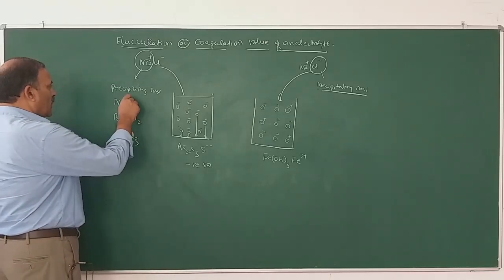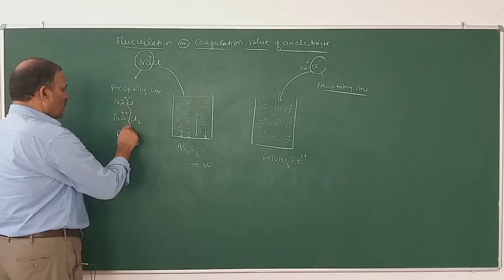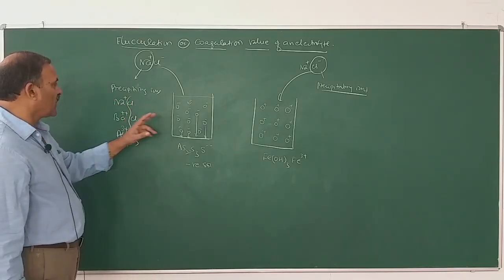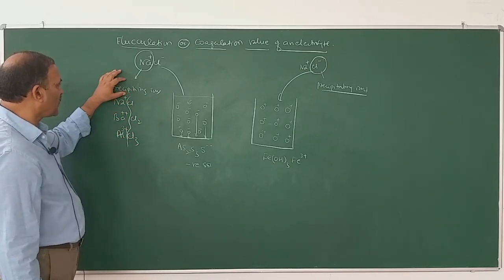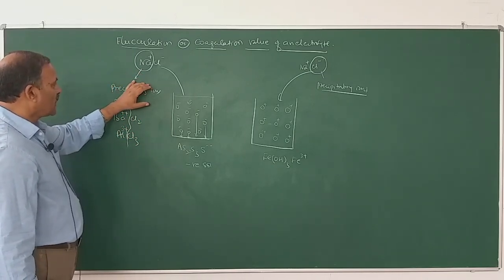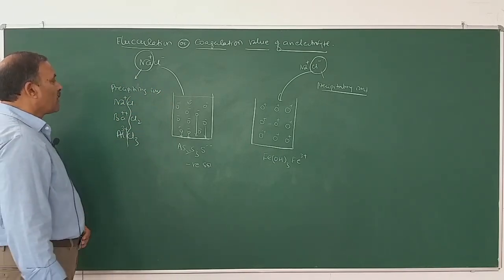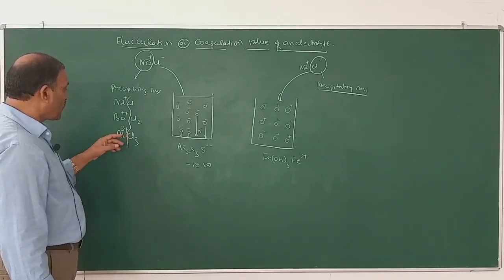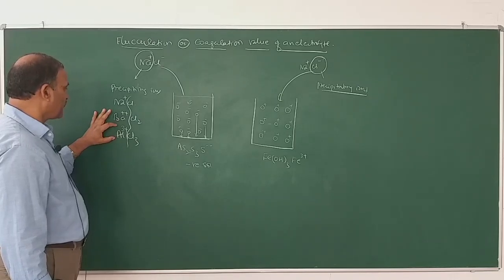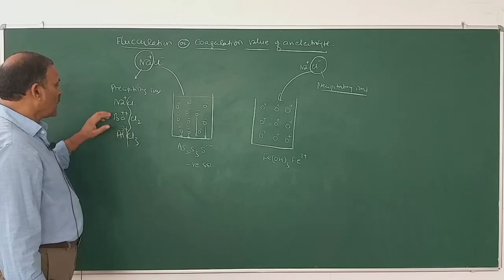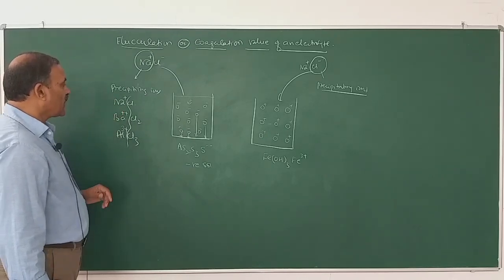So what the Hardy-Schulze rule says is, the precipitating power of the precipitating ion is directly proportional to its valency. That means the higher the valency of the ion, the higher is its precipitating power.